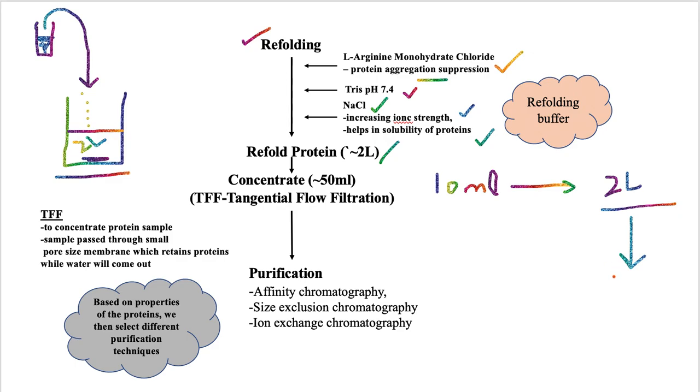So for instance, if you want to concentrate that into, sorry, my drawing and writing is not that good in this, so if we want to concentrate that into 50 milliliter, for that we use a particular equipment that is known as the TFF, tangential flow filtration system. So it is one of the systems that we use for concentrating a particular protein sample.